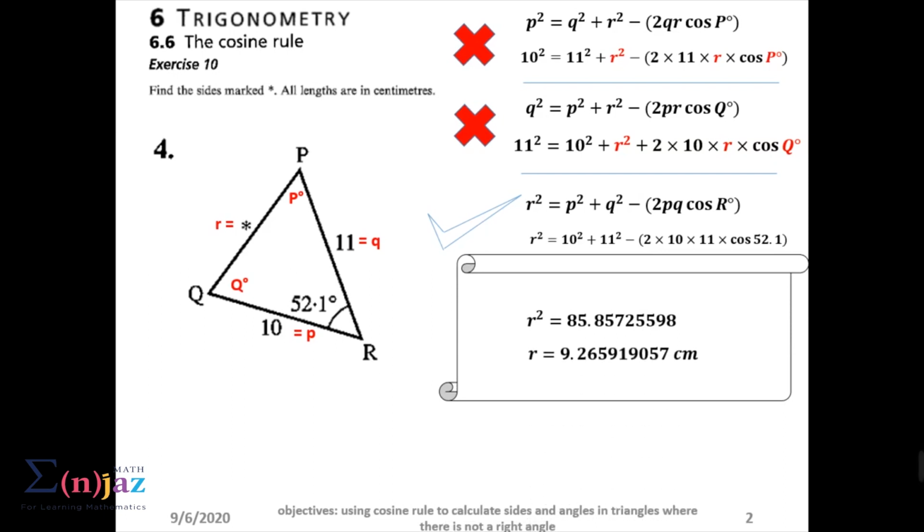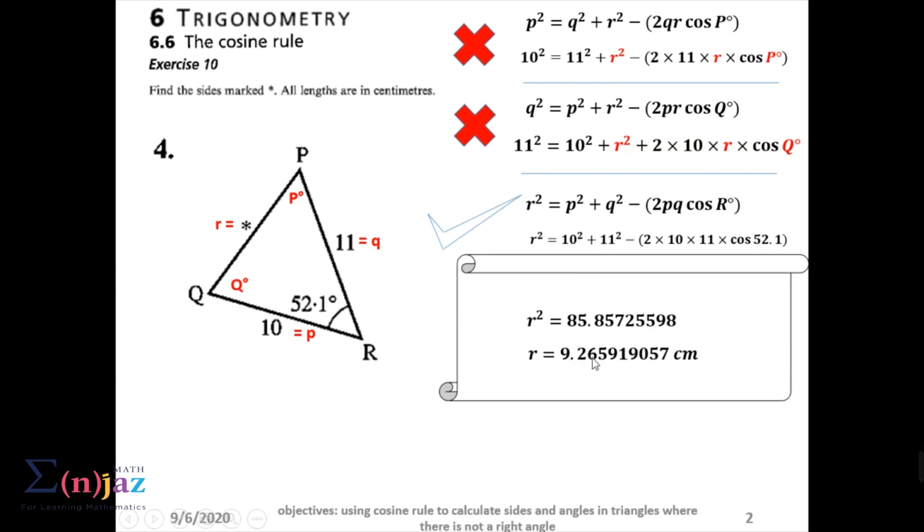Square root each side because you want to find the R. So you're going to end with 9.26591, 9057 centimeter.